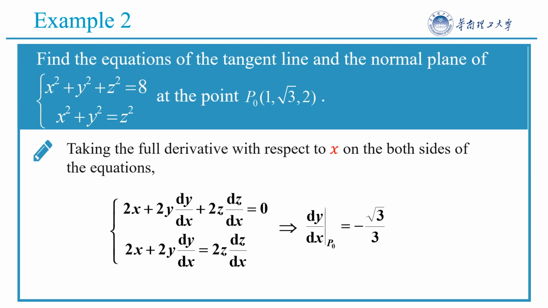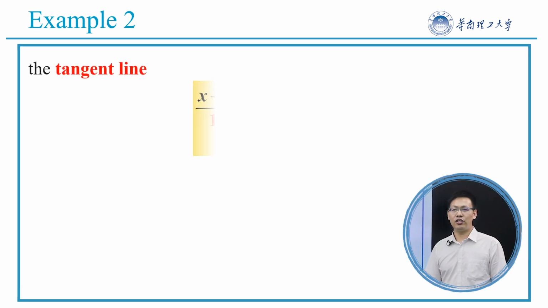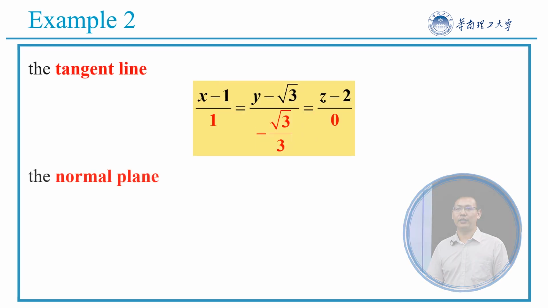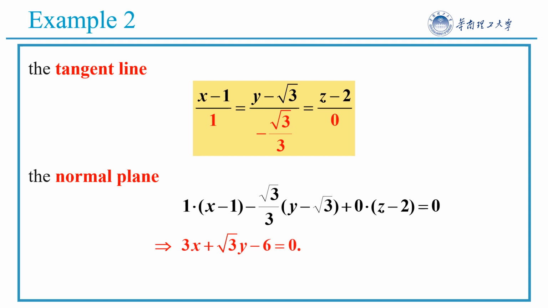So dy/dx equals minus the root of 3 over 3, dz/dx is 0, and the tangent vector T is this vector. So the equations of the tangent line and the normal plane are these expressions.